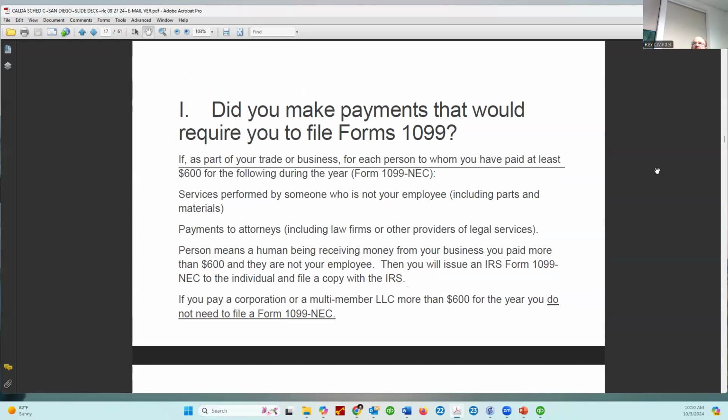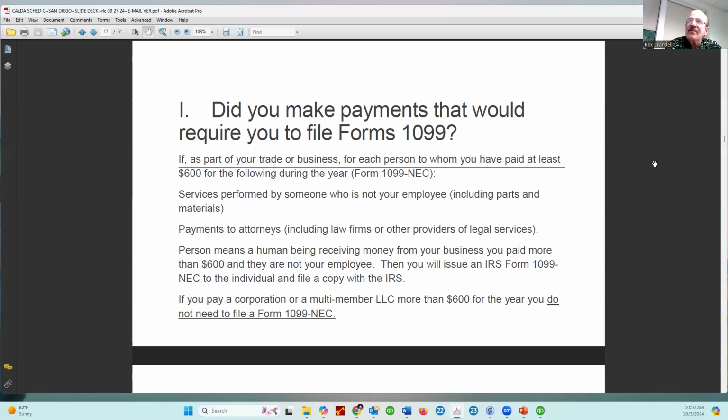Did you make any payments that would require an IRS Form 1099? If, as part of your business, you have paid a person at least $600 for the following during the year, you fill out and file an IRS Form 1099-NEC for the independent contractors.